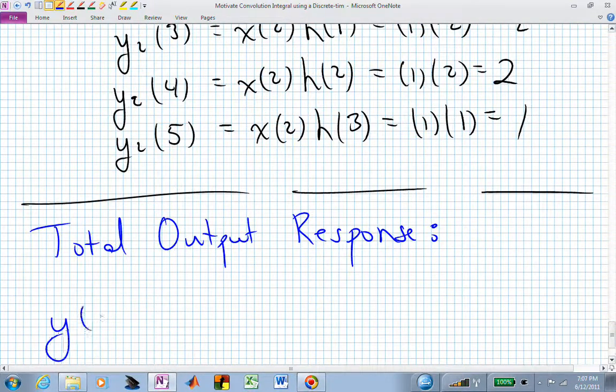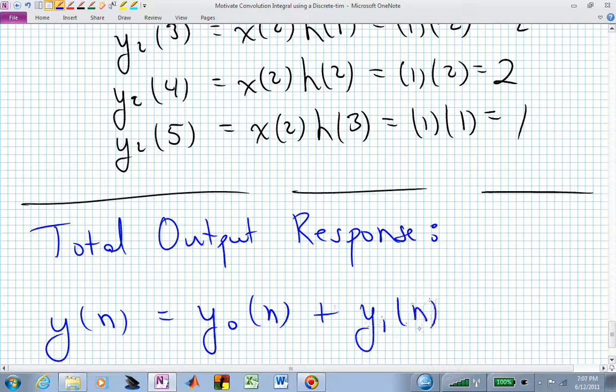What we want to do now is find the total output, which we will not put a subscript on. We'll say that's y of n, but that's going to be created by combining the component due to the input at 0, the component due to the input applied at n equal 1, and the component of the output due to the input applied at n equal 2.